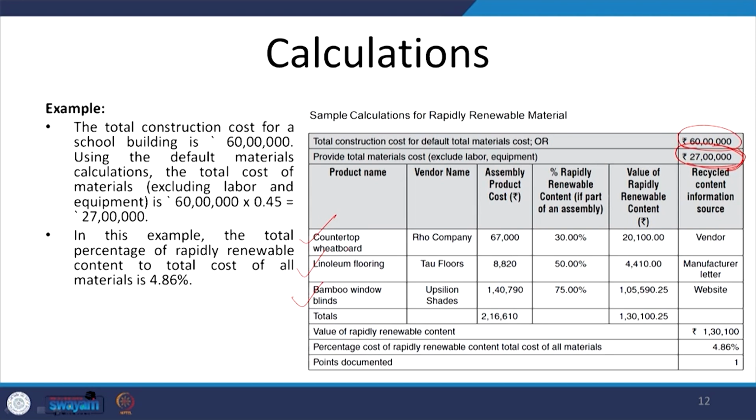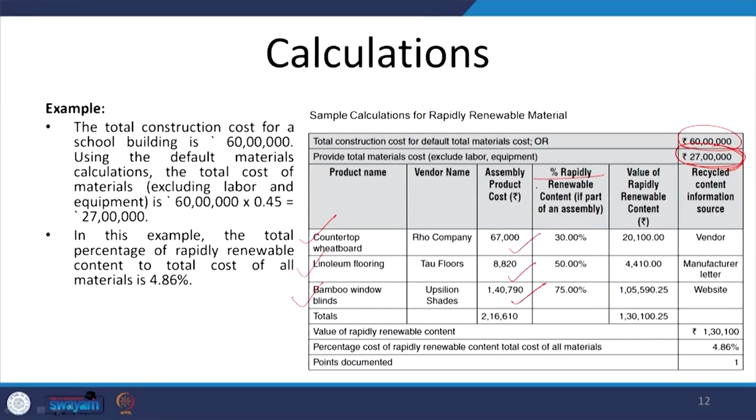So, we will calculate the quantities of these and we will also calculate the total cost of each of these materials. Right now I was talking only about materials, but suppose it is an assembly, for example a window, where some part is made out of rapidly renewable material, for example bamboo, and some other part is, say, steel for reinforcement, or some other assembly combination.